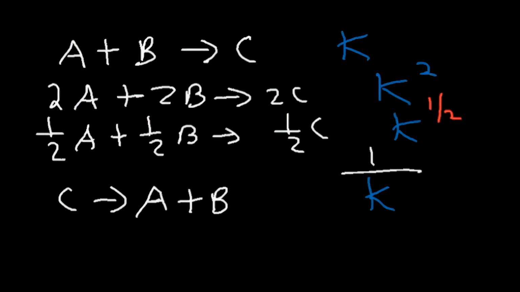And whenever you add two equations, it's going to be like K1 times K2. So if we have let's say D plus E and becomes F, let's call that K2.